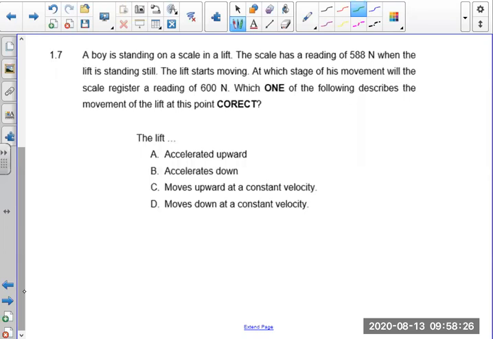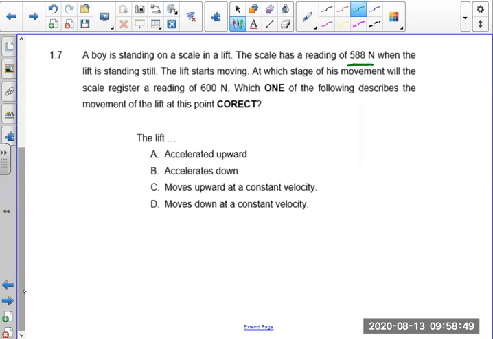Okay. Now, remember that is inertia of the body. If I stand on the scale and the lift is going upwards, my body still wants to stay down there. So my body is going to push downwards. So the reading on the scale will increase.